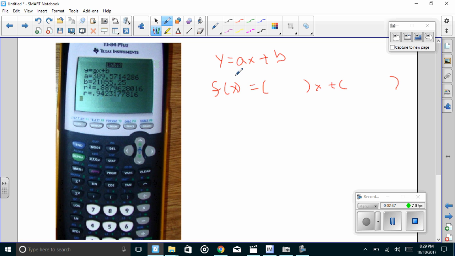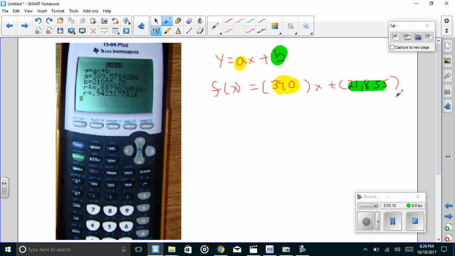So I'm going to change the Y to a function of X. So I got Y equals f of X. And all I'm going to do is plug in my A, which is going to be 390, and my B, which is 21,855. And I simply got that for my A here and B here. Exact same numbers from my calculator.